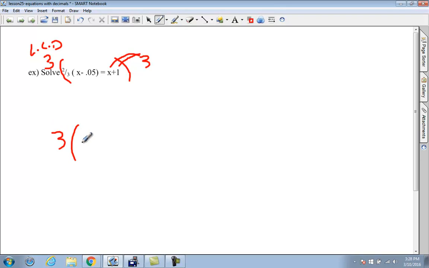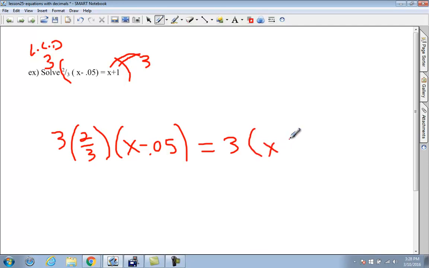So what I'm getting at is you take 3 times 2/3, and then you've got your x minus 0.05, just keep that as is, equals, and then 3 times that quantity. I'm just going to write it like 3 times that quantity, x plus 1. Distribute on that side of the playing field, so 3x plus 3.